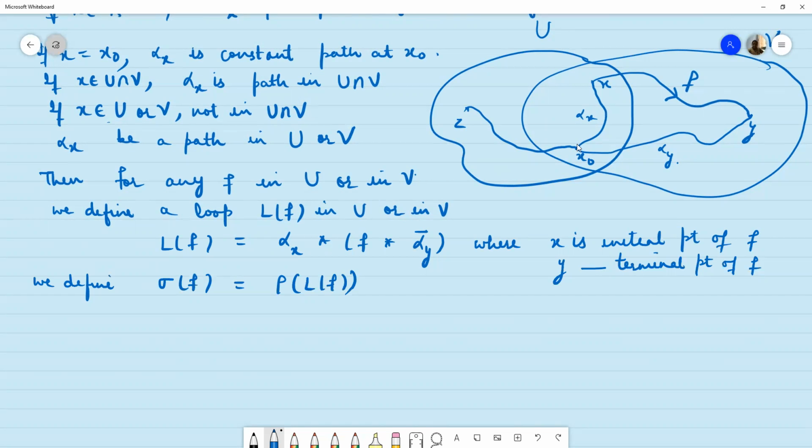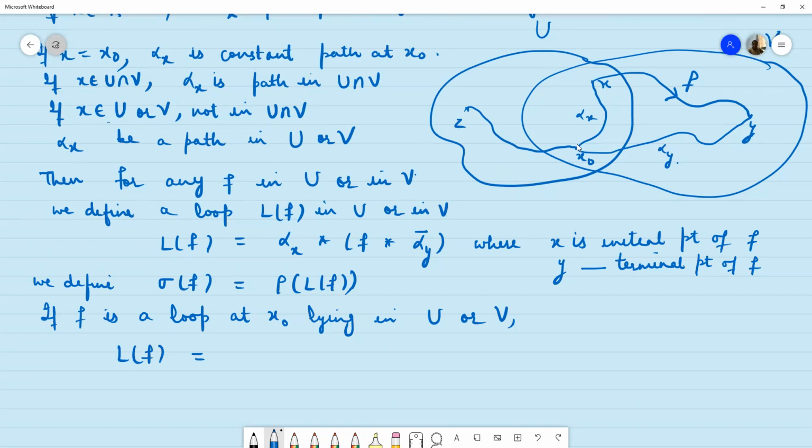Now firstly we show that sigma is an extension of rho. So for that, if we take f to be a loop based at point x0, lying in either U or V, then what is L_f?